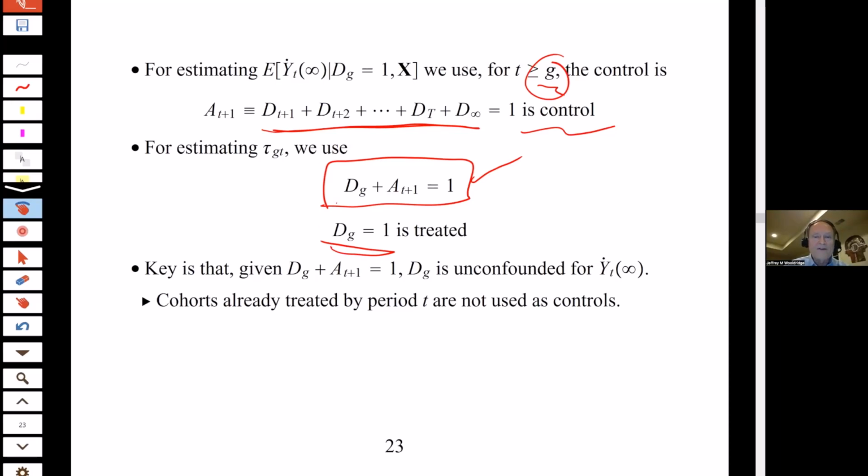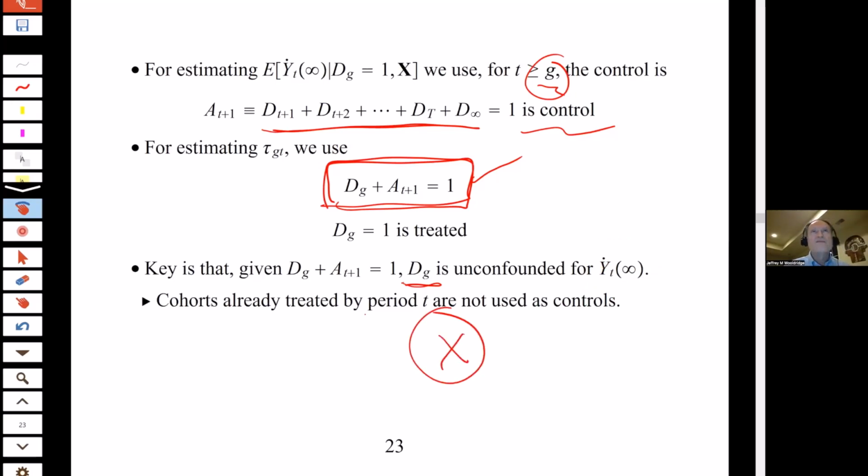Now here's the key to how all of this works. Once we condition on this subpopulation, the treatment indicator is unconfounded for this transformed variable, the one with the dot over it, in the never treated state. What I mean by unconfounded is that it's conditionally mean independent, conditional on the x's.